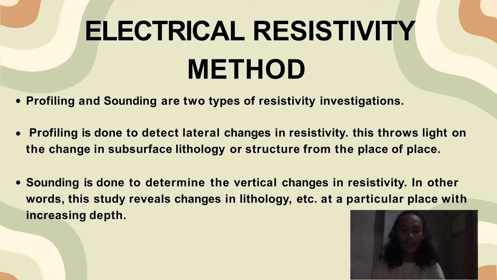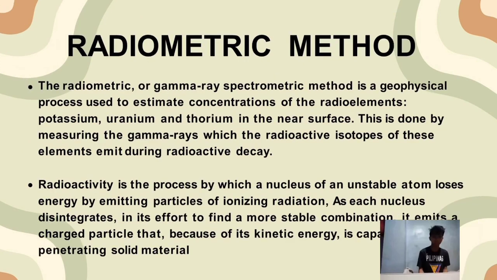In other words, this study reveals changes in lithology, etc., at a particular place with increasing depth. This last figure is also an example of ERI, or electrical resistivity imaging. That's all.